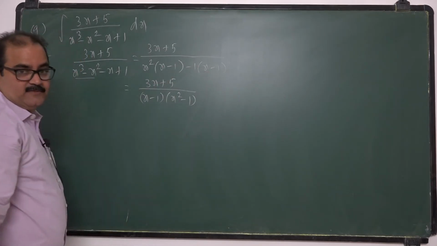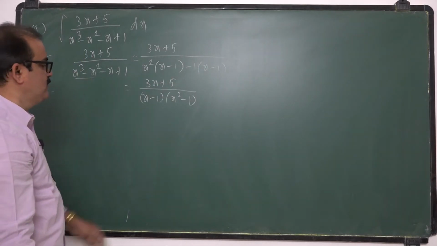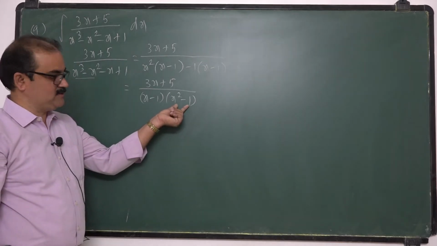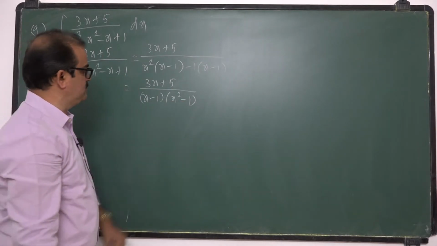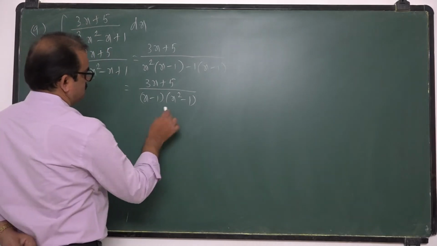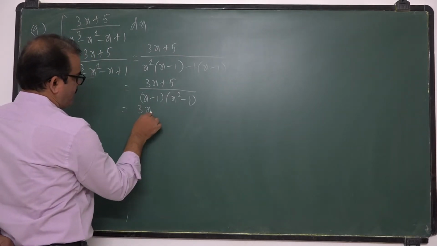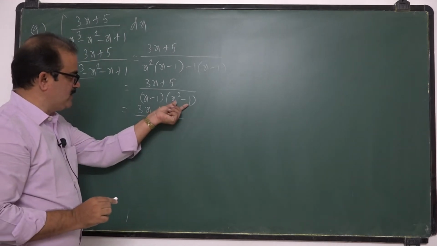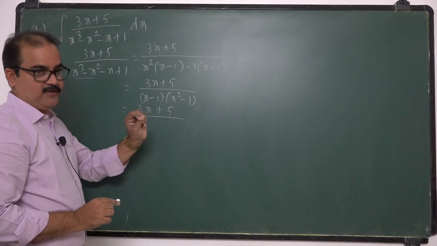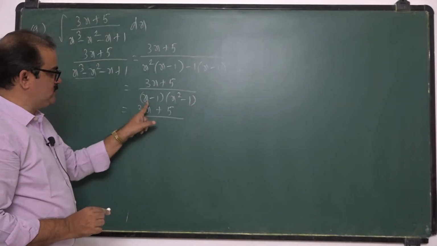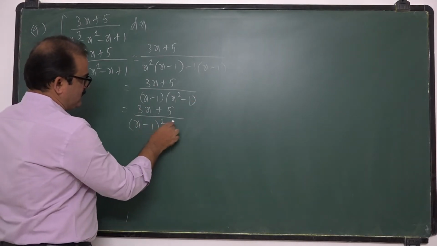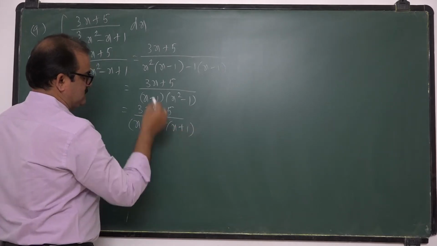Take x minus 1 common from the denominator. Again we write x square minus 1 as x plus 1 into x minus 1. So we get x minus 1 whole square into x plus 1.